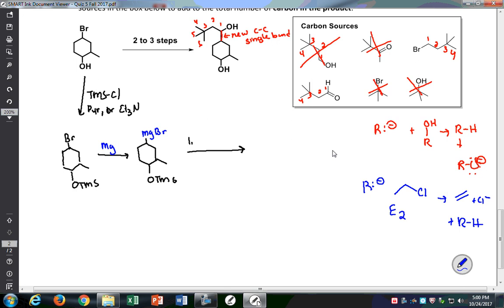So that's going to be our reagent. Remember, you must add water second, because again, we can't have any acidic hydrogens. So then we're adding water.